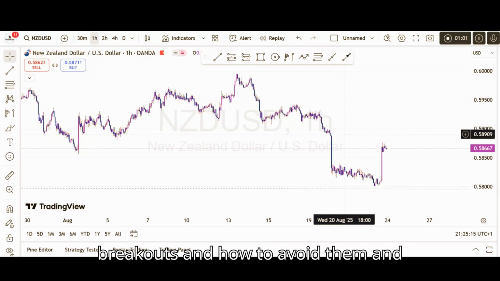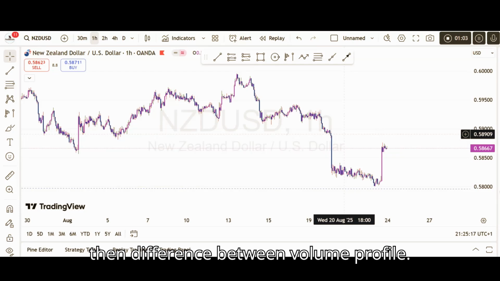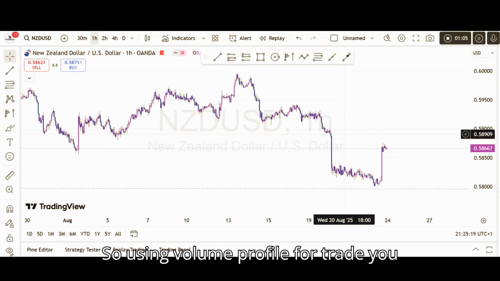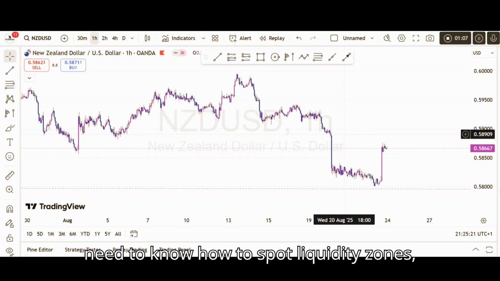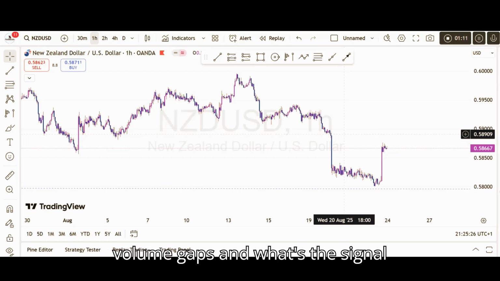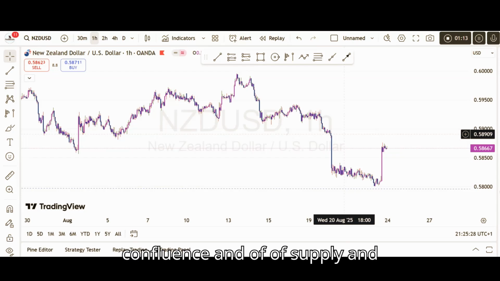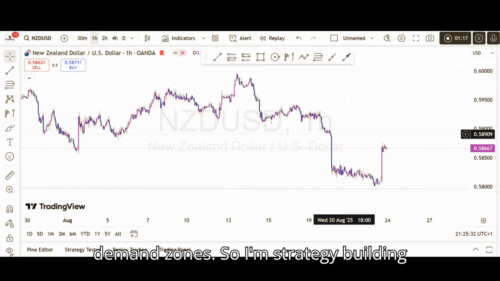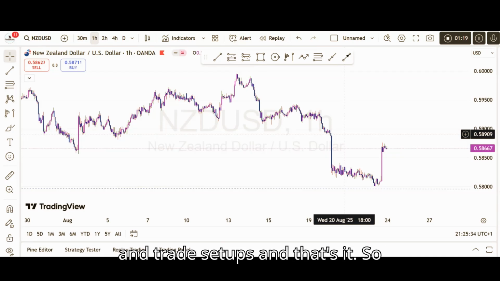You need to know how to spot liquidity zones, volume gaps, and signal confluence with supply and demand zones. So, strategy building and trade setups, and that's it.